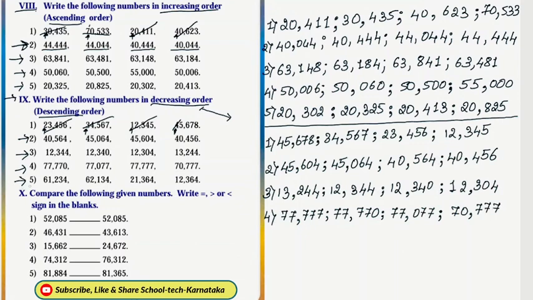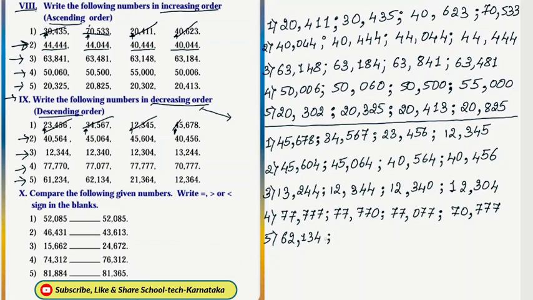With the fifth set of given numbers, what we have here is 61,234, 62,134, 21,364 and 12,364. The largest number of all these numbers is 62,134.